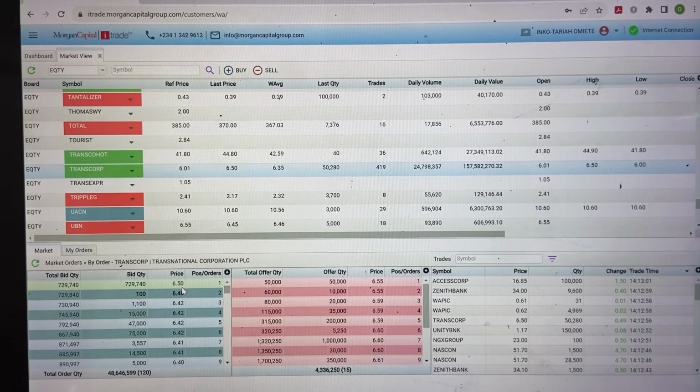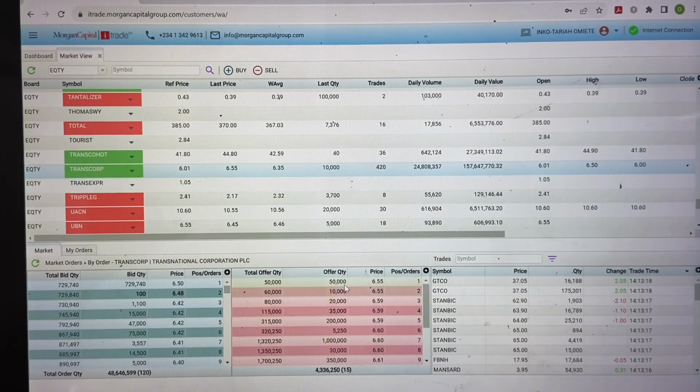Somebody has come here and placed a bid of 6 naira 50 kobo because I made that move and placed 729,000 bids for 650. All right, so I have actually triggered someone to place a higher bid, and that's because I just did a 100 units transaction at 650.